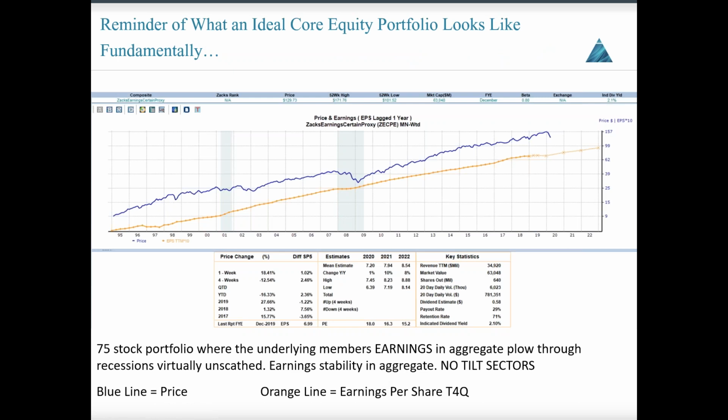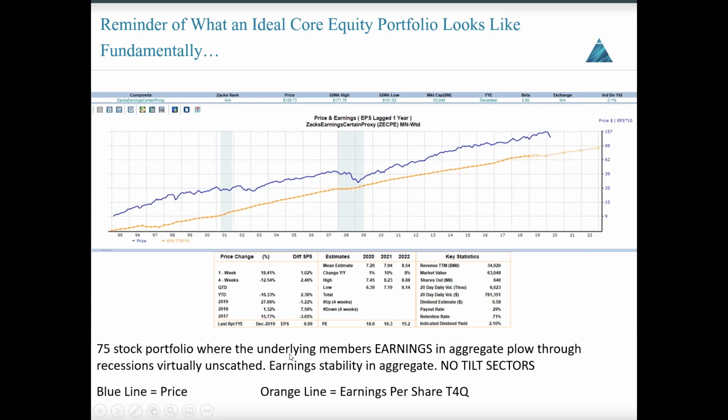Okay, what I want to do now is I want to just remind everyone what an ideal core equity portfolio looks like from a price action and earnings perspective, right? This is a trailing 4 quarters earnings line. Ideally, if we were to create a composite of your core equity portfolio, if it's not the earnings certain portfolio, you would want your earnings to be stable, and you would want them to basically go through recessions virtually unscathed.